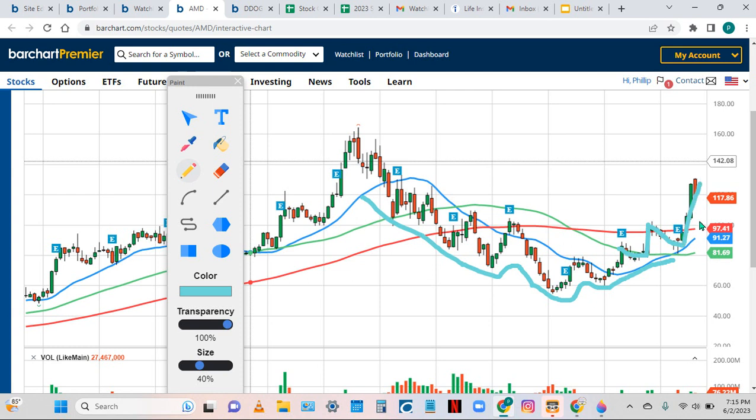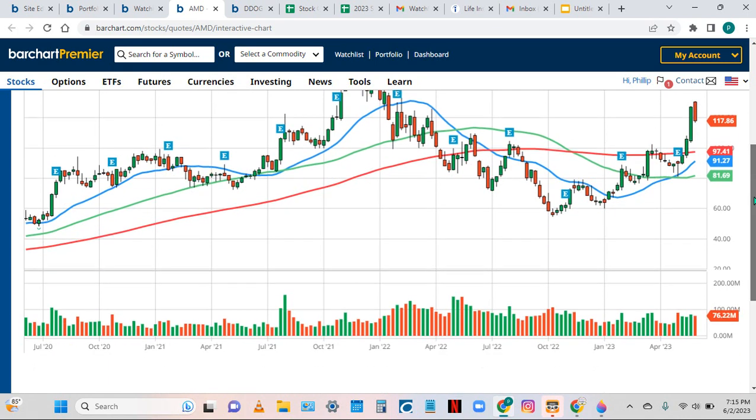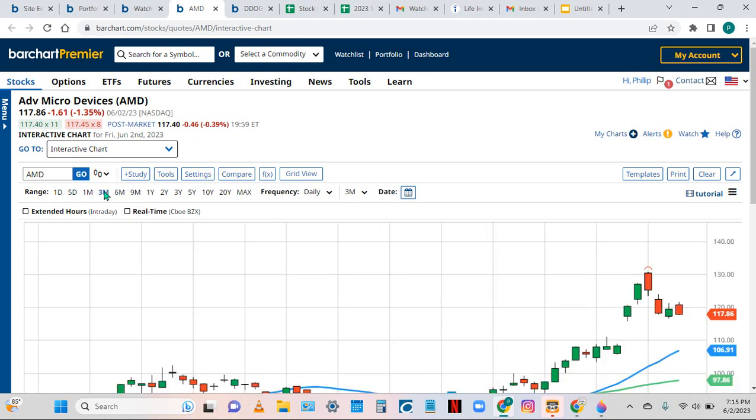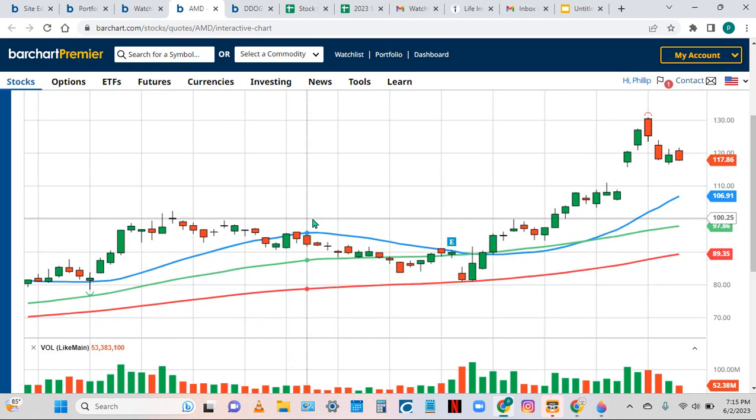So what would we look for on AMD? Well, we would look for a correction to come back so that we can get on board. And then we would simply go down from the weekly chart to, let's say, a daily chart. So we know it's in an uptrend. Let's take a look at a daily chart and see, can we see a buy setup on this daily chart?